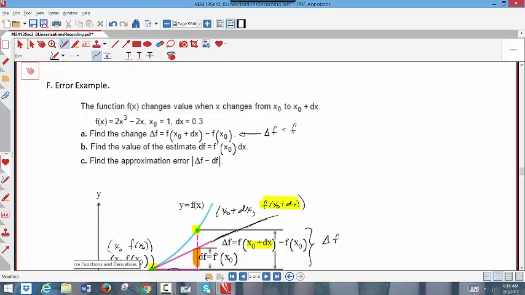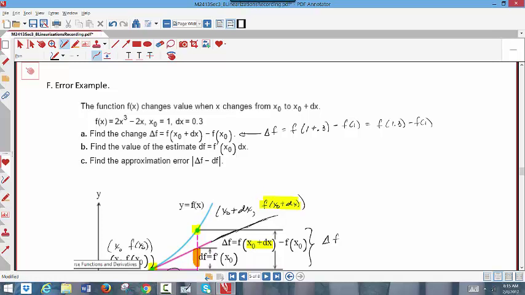They told me that x of 0 is 1. So this is f of 1 plus dx, which is 0.3, minus f of x of 0, which is just f of 1. So this is going to be f of 1.3 minus f of 1.